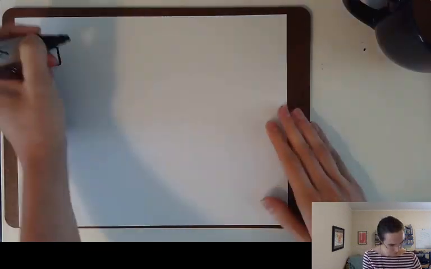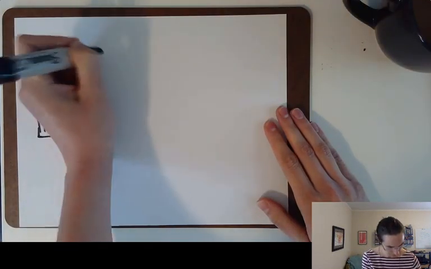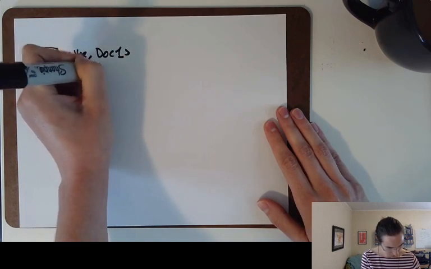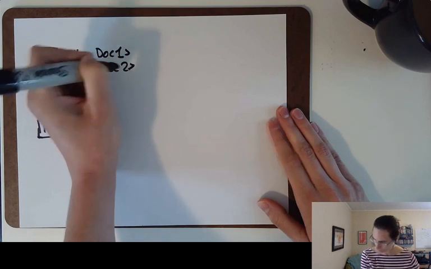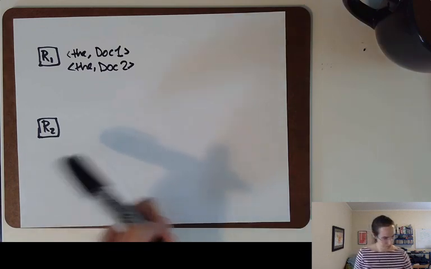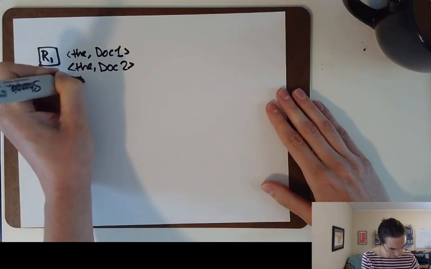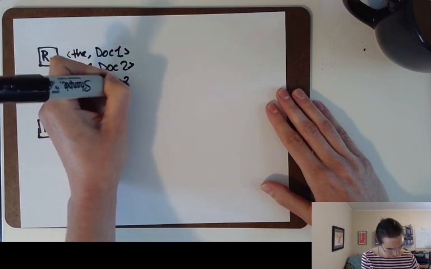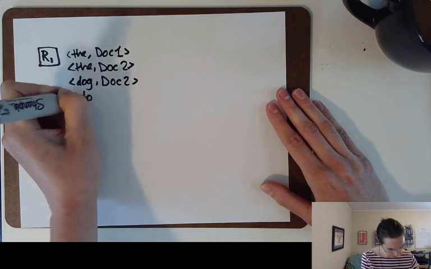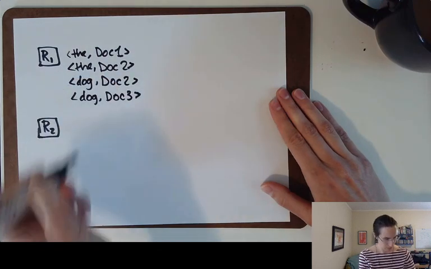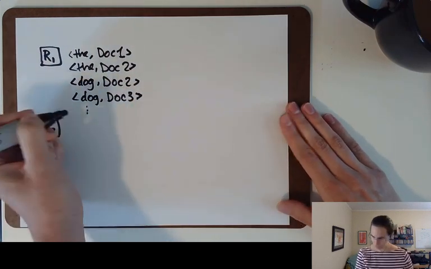So we'll have the doc1, the doc2. And let's say that dog hashes to R1 also. And probably some other stuff.